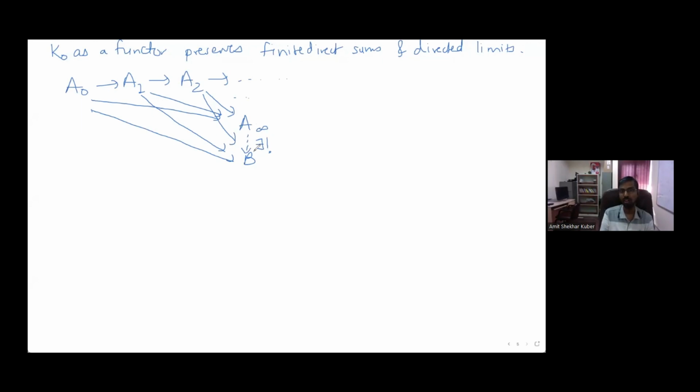Yeah, the ones which involve the map A infinity to B. All these triangles should commute. Or direct limit. And you can also have shapes other than natural numbers, but we don't need them.